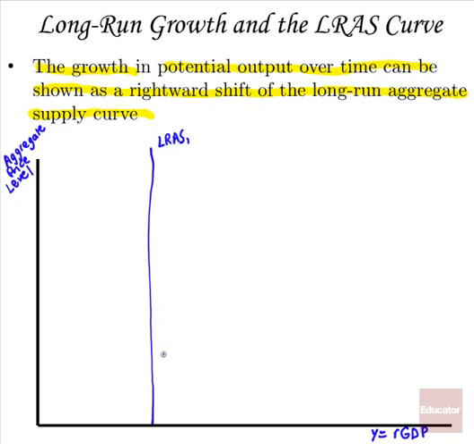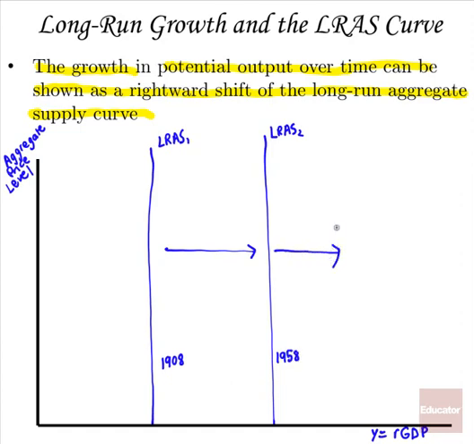Let's say this was the year 1908. Over time, the LRAS has shifted to LRAS2, and let's say this was 1958. And then it's shifted to where it is in 2008.